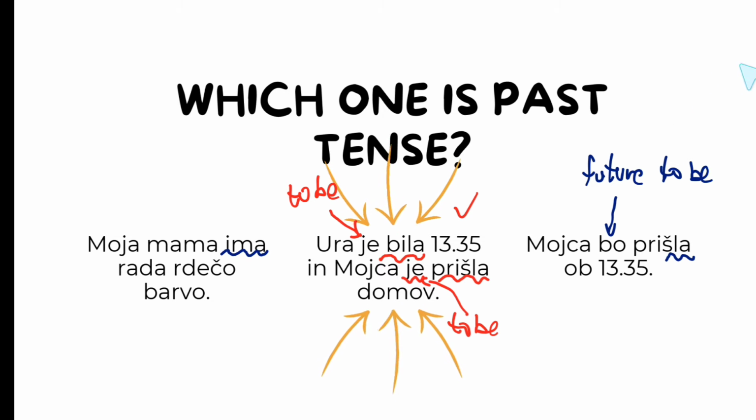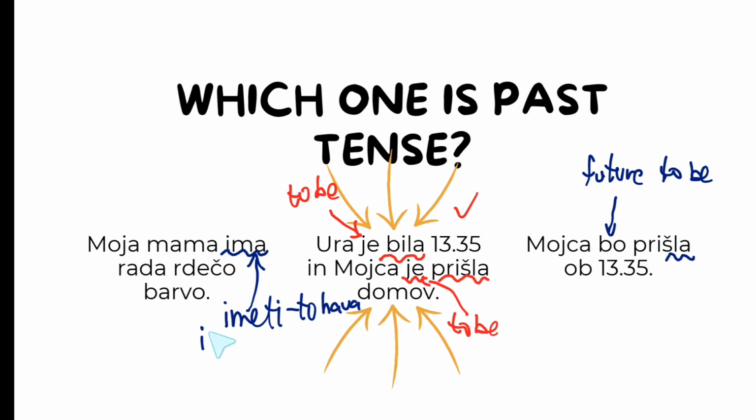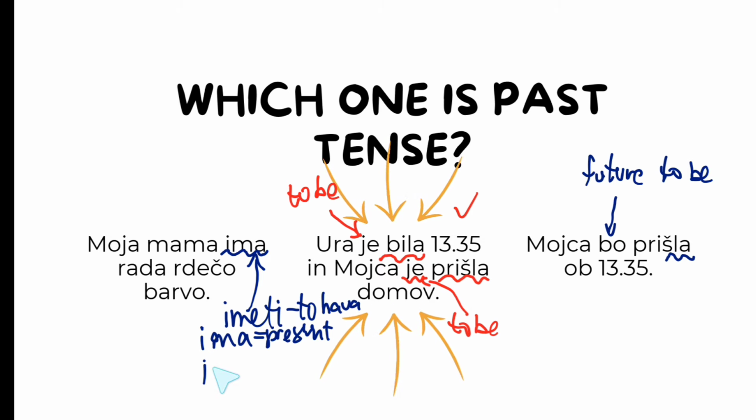Okay? We don't use the L ending. The L ending version of ima, so imeti is to have. Ima is present tense, and the future or past tense would be imela with the L ending.